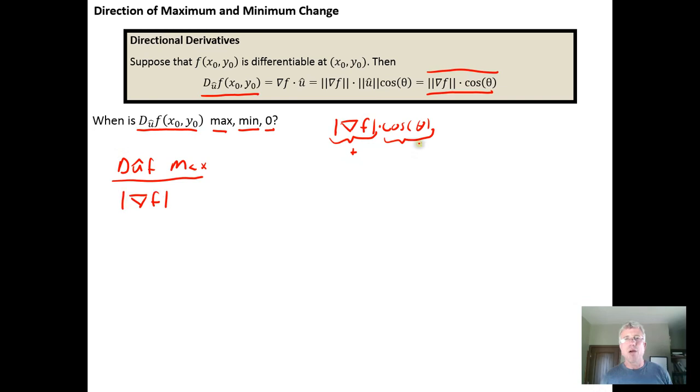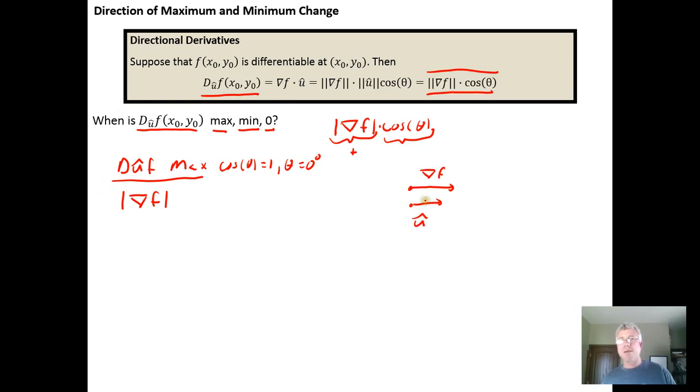And when will that happen? Well, the cosine of theta equals 1 when theta equals 0 degrees. So that tells us that the gradient vector here, gradient of f, and u hat have to have an angle of 0 degrees between them.